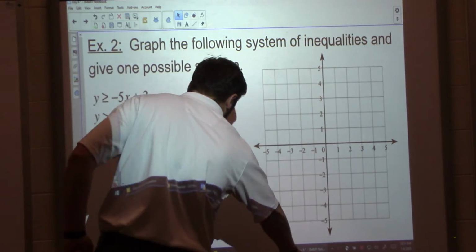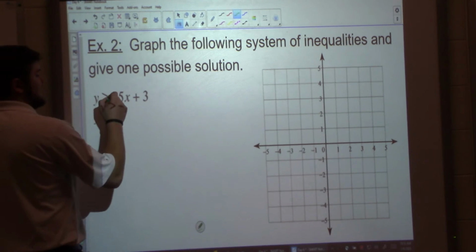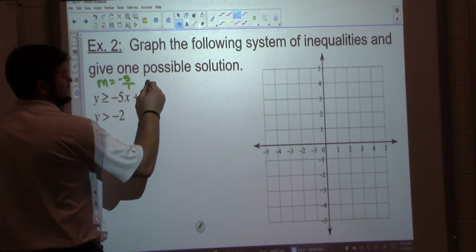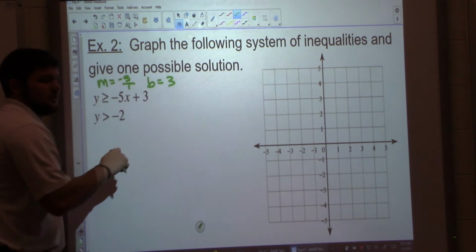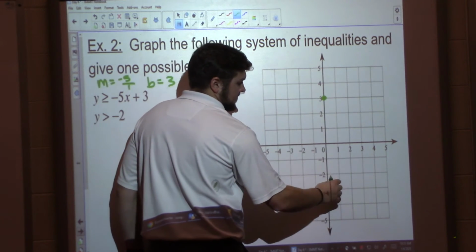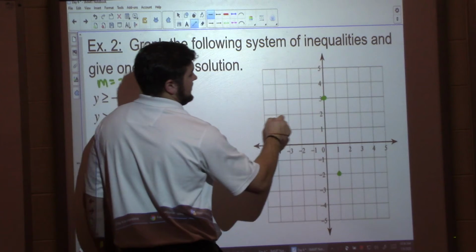All right, let's go through and do this. Y greater than or equal to -5x plus 3. Solid line. Slope of -5 over 1, y-intercept of 3. So at 3 I put a point, down 5 over 1. Bryce told me it's a solid line. I'm going to believe him.